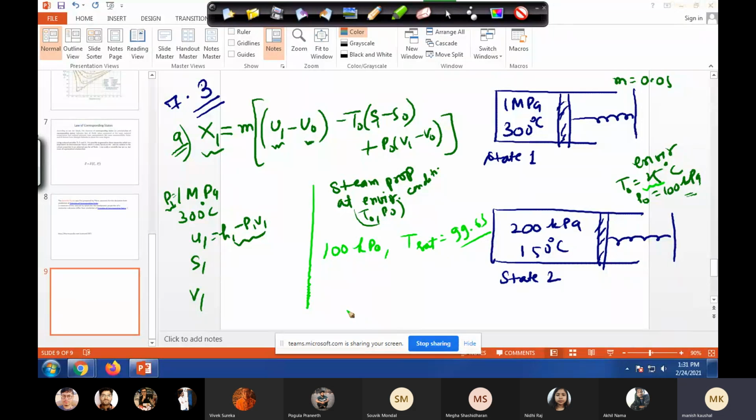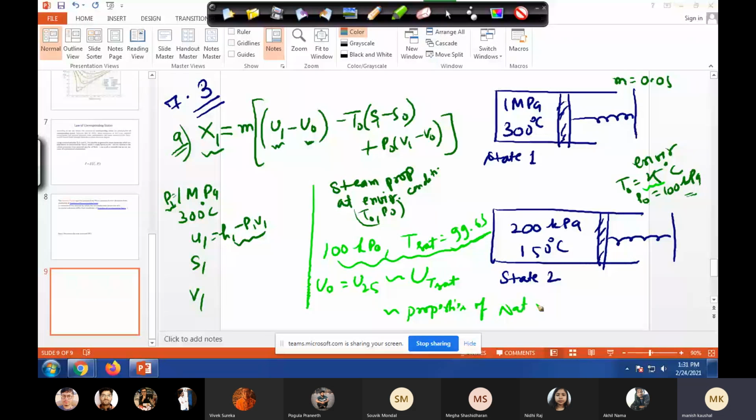So we are approximating that whatever property is valid for the saturated liquid at Tsat does not vary much when you go to 25 degrees. So U naught, which is U at 25, is roughly equal to U at Tsat; basically you are approximating the property with properties of saturated liquid.